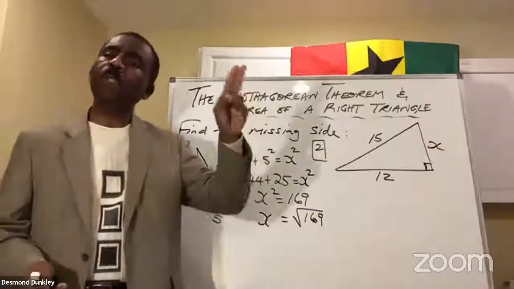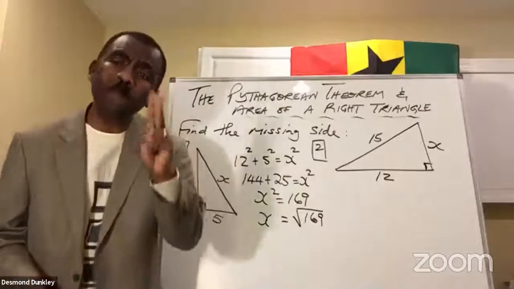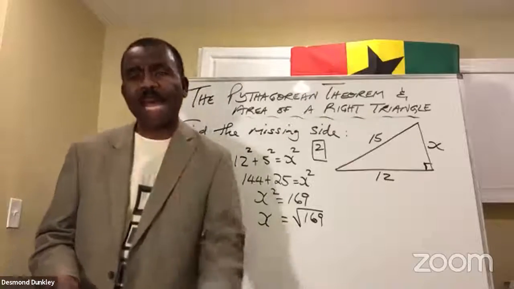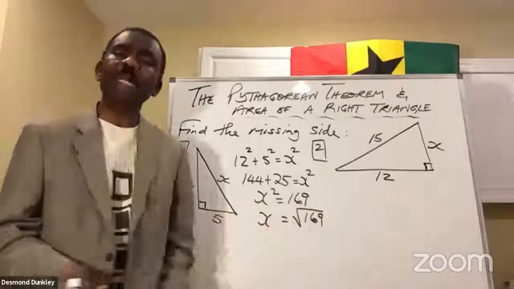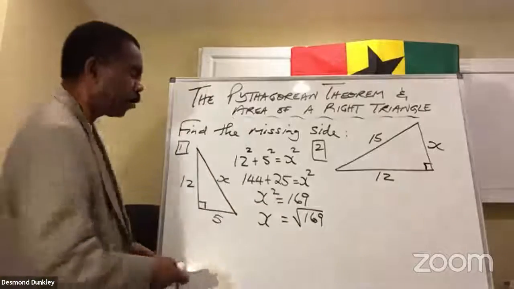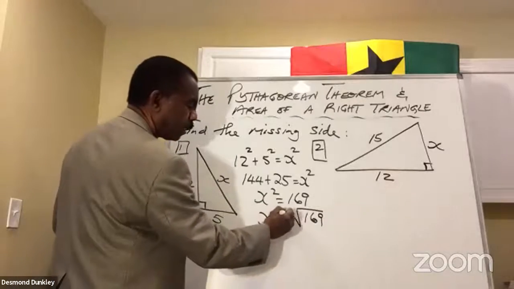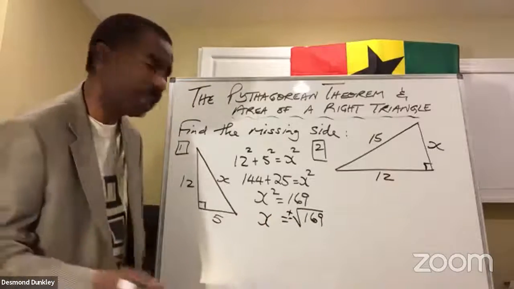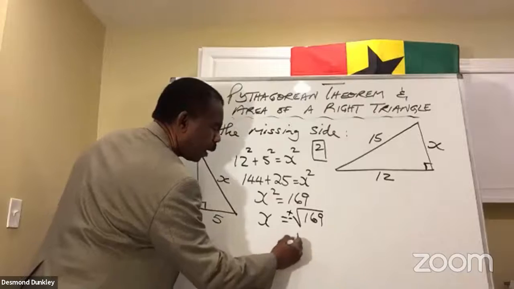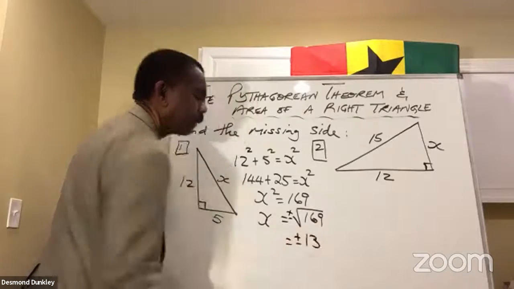X squared equal to 169 means that there are 2 numbers that, when they multiply by themselves, will give you 169. The answer would be plus or minus the square root of 169, which becomes plus or minus 13.